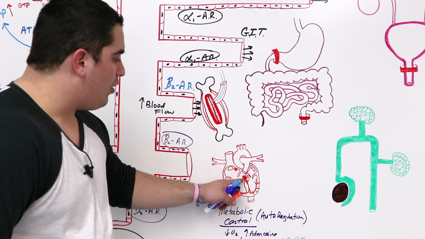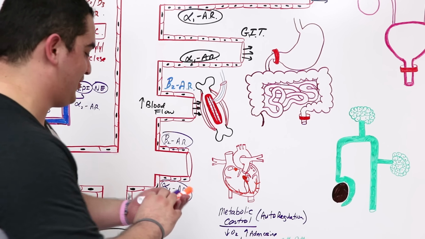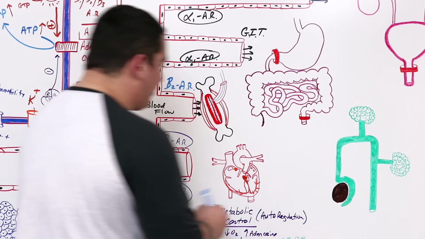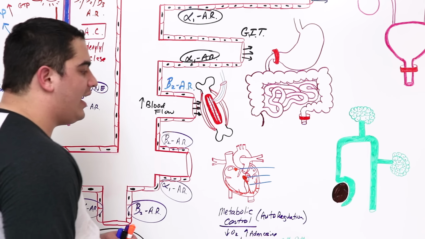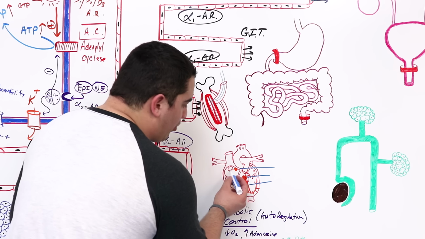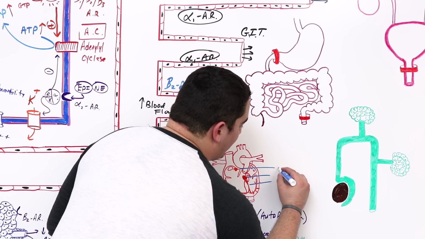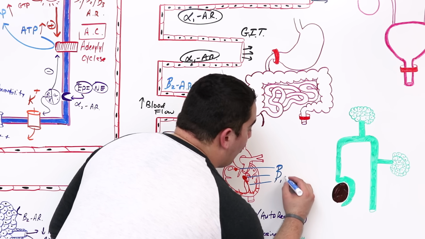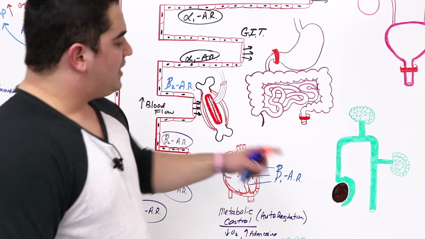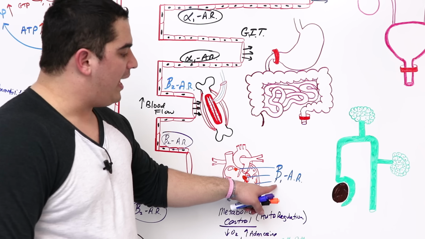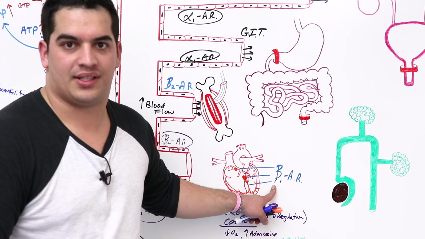Well, the SA node and the AV node and the bundle of His have special receptors. These special receptors that are located on the SA node, the AV node, the bundle of His, the bundle branches, but primarily the SA node, AV node, and the bundle of His, are specifically going to be beta 1 adrenergic receptors. The easiest way to remember is beta 1 adrenergic receptors are usually only located in about 2 important places.